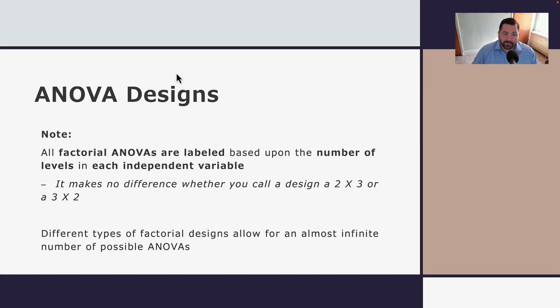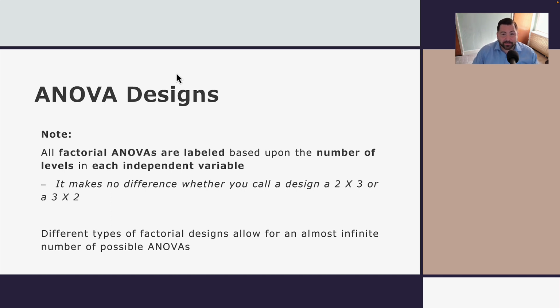The other thing to think about when it comes to ANOVA designs is that anytime we have a factorial ANOVA, which we've just defined as having 2 or more independent variables, the way that we articulate them is on the basis of how many levels or groups or time points that independent variable has.